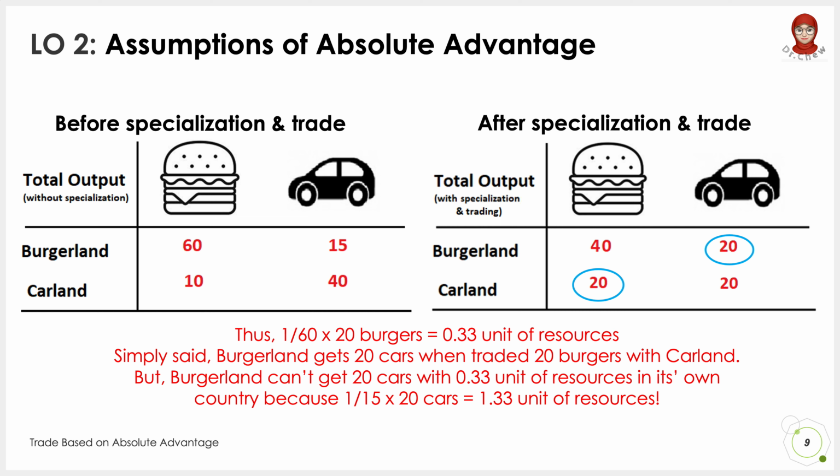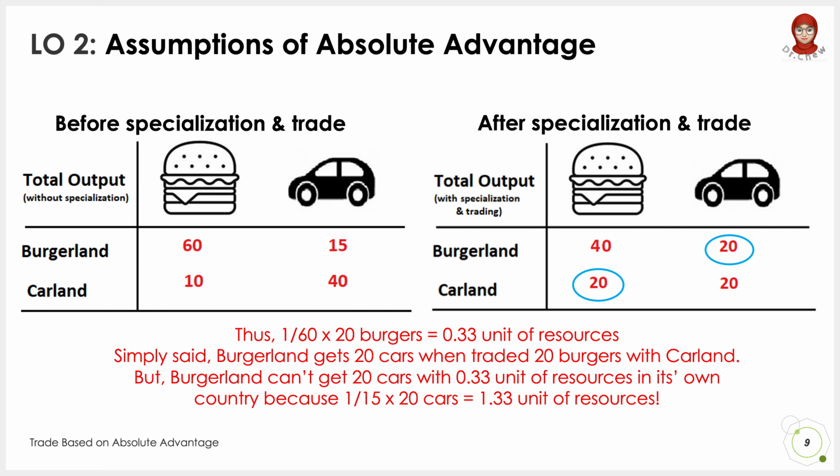Numerically, we can see that in order to make 20 burgers in Burgerland, it needs 0.33 unit of resources. And the trade of 20 burgers enables Burgerland to get 20 cars from Carland. If Burgerland wants to make 20 cars by itself, it requires 1.33 units of resources.